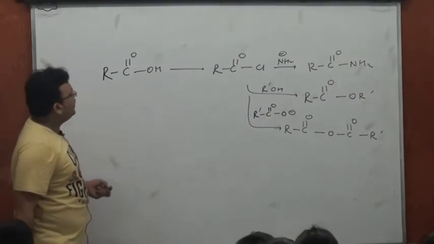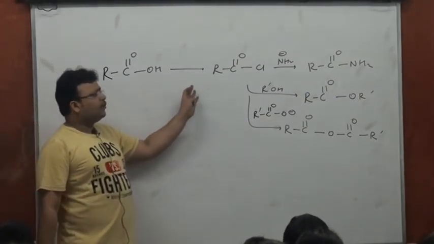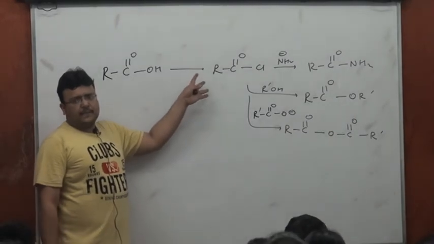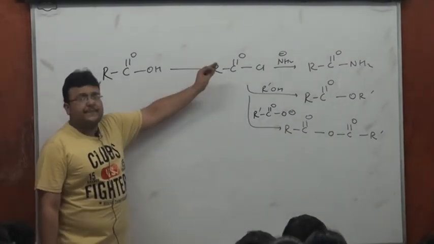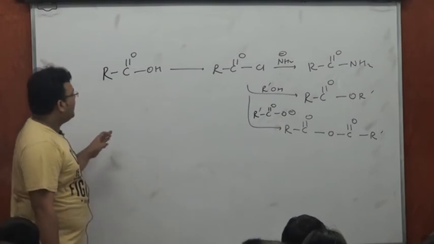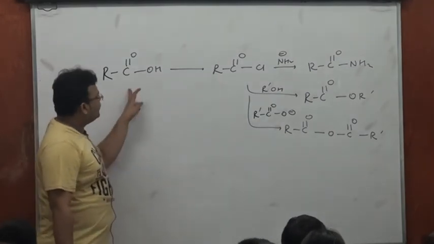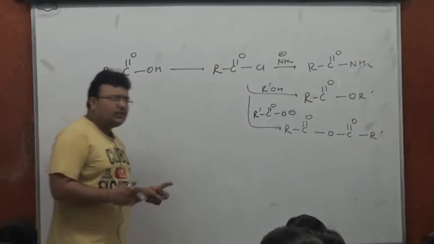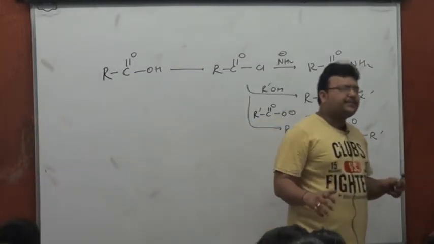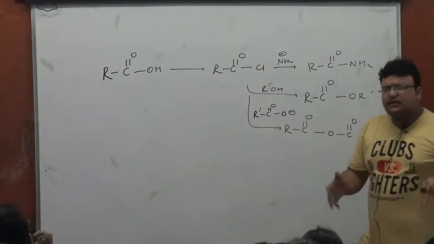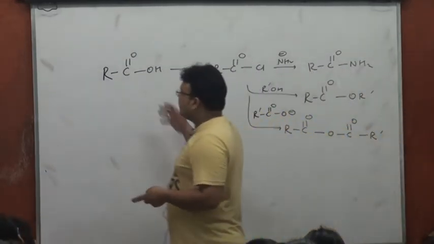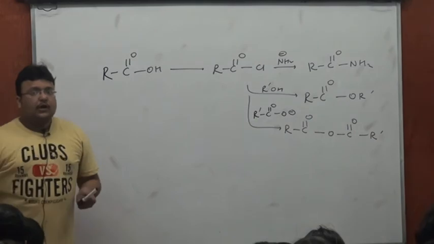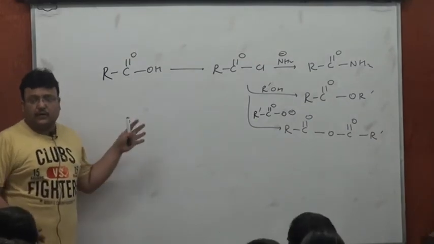Again, one thought could be, if Cl minus is easy to replace and is the best substrate to carry out transacylation, how is this so feasible? How could Cl minus displace OH minus? Although it will also depend upon the number of particles, the concentration of different species. It's not like if I give you an order of the kind which I gave you before, you can't have an amide converted to an acid.